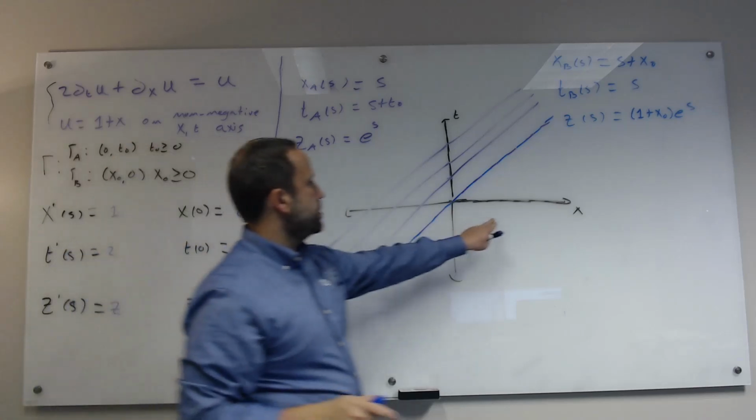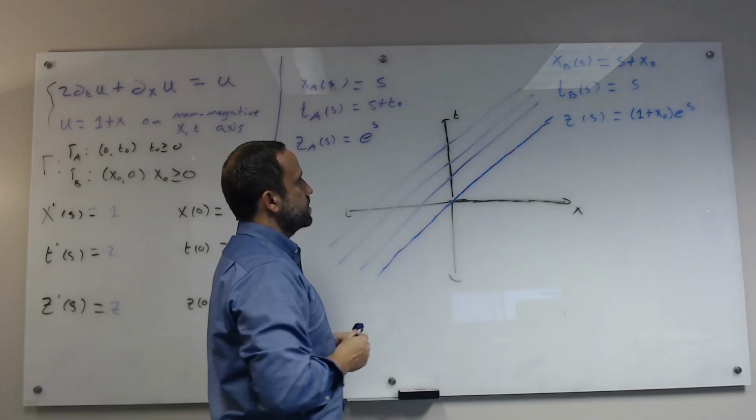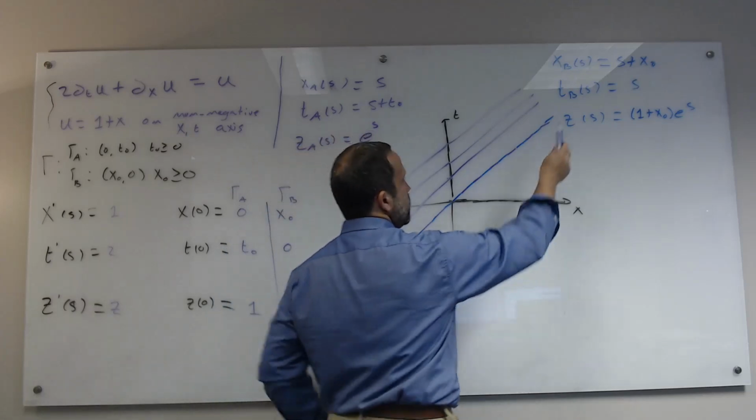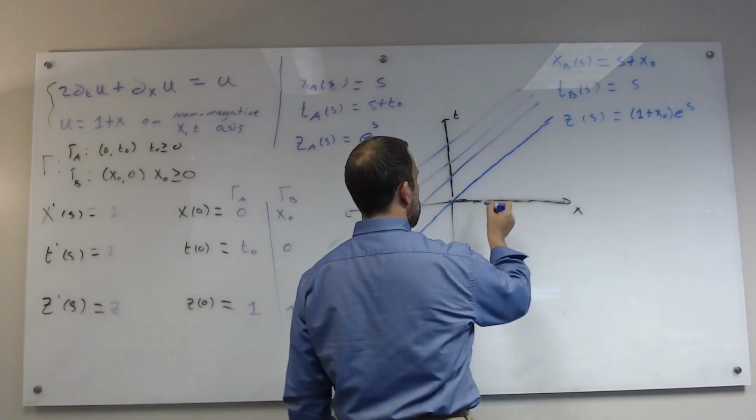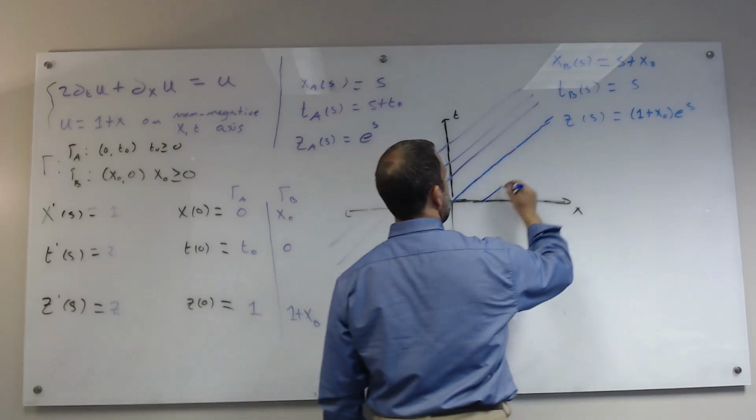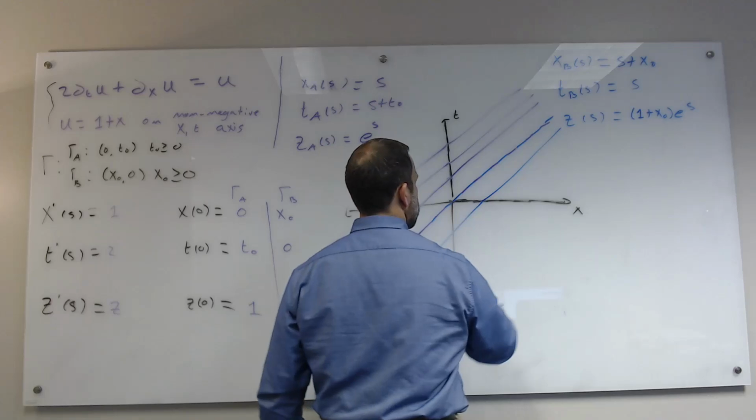For the characteristics starting at the positive x-axis, again, there are going to be lines of slope 1 that go through whatever x naught is there. So we're going to have lines of slope 1 going like this.